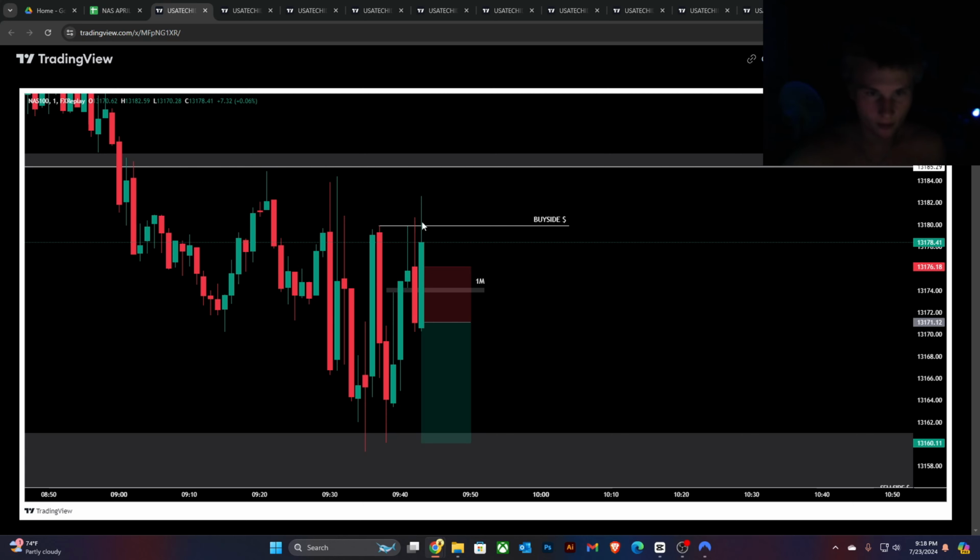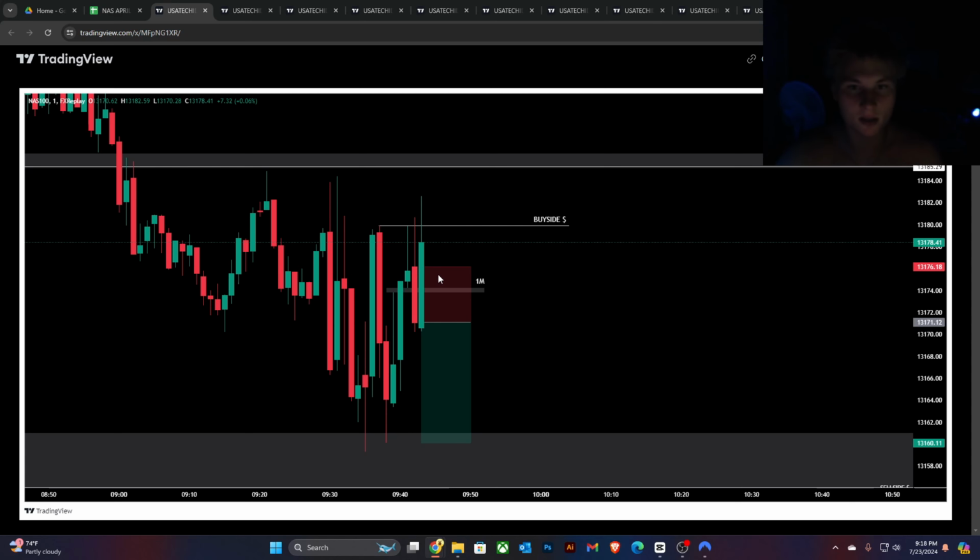looks like we had this buy side liquidity level swept, and then we had this 1 minute inverse fair value gap, price on the 1 minute close below right here, entry right here.